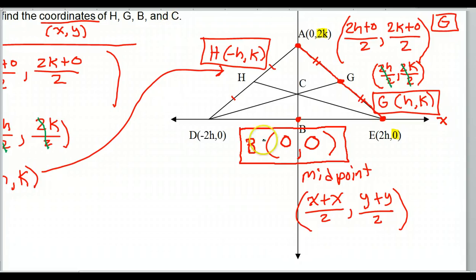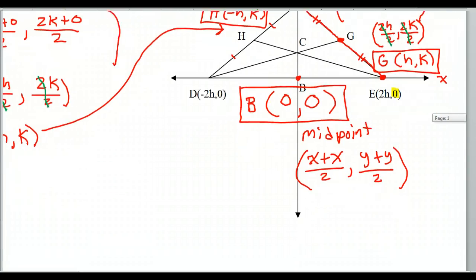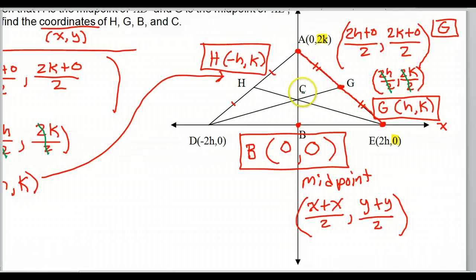That only leaves C. Okay, look, I'm going to let you in on a little secret. Finding point C, it's not that it's difficult, but it requires more information that you have to remember. And bottom line, this one's not going to be on the test. I'm just going to say it straight out.